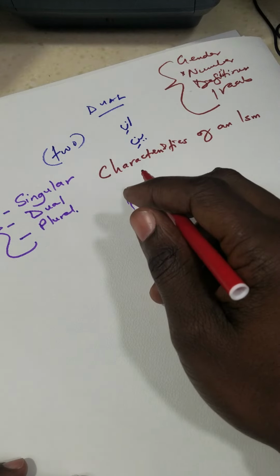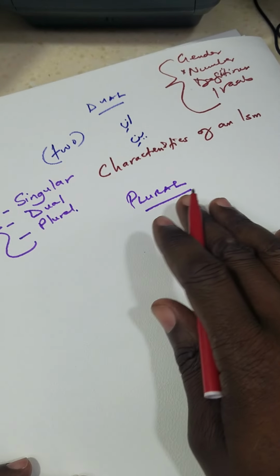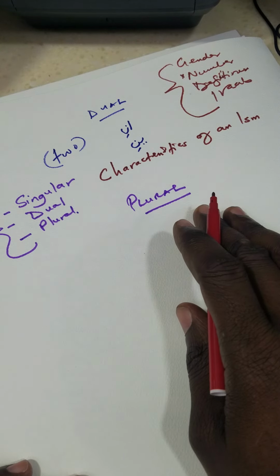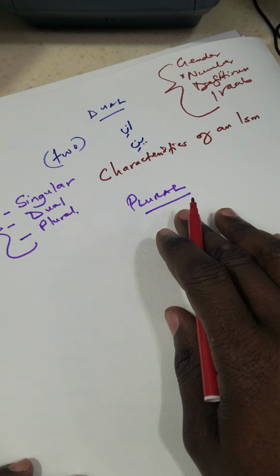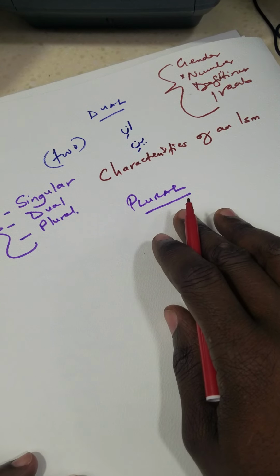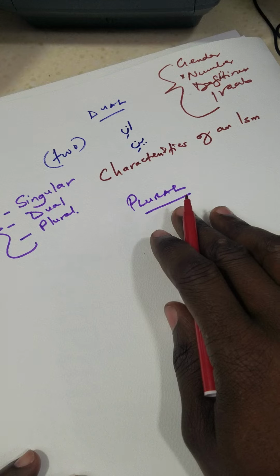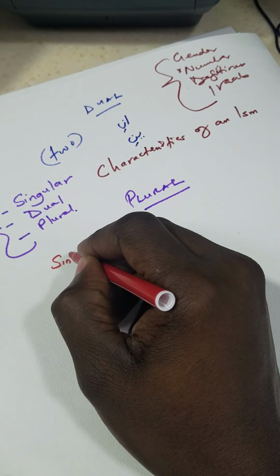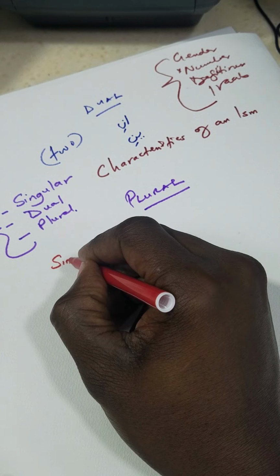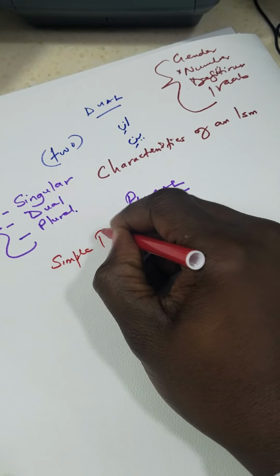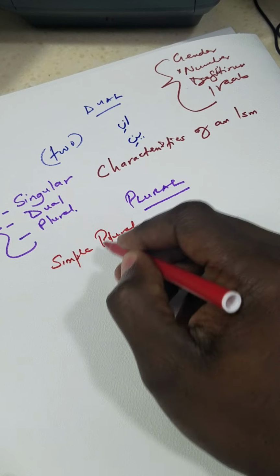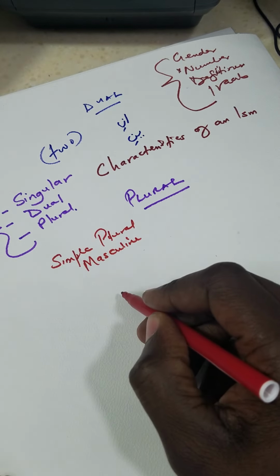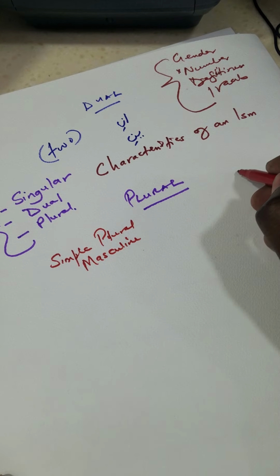In duo, it was the same for feminine and masculine. But right here on plural, things are going to be a little bit different, and this is where I want your attention. We're going to have the simple plural masculine. Then we shall have the complex.